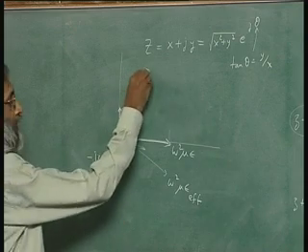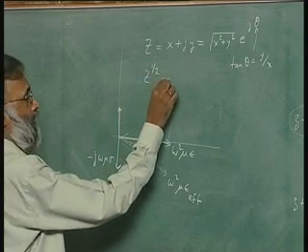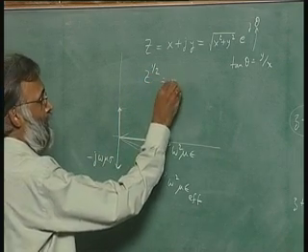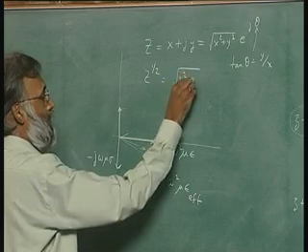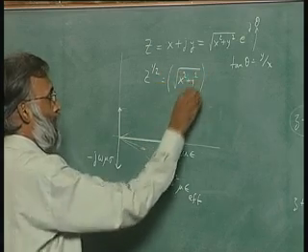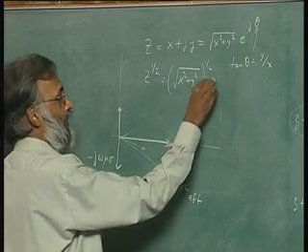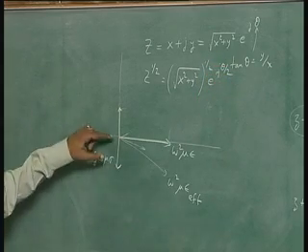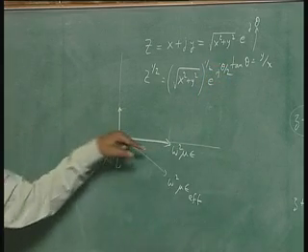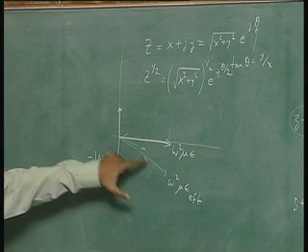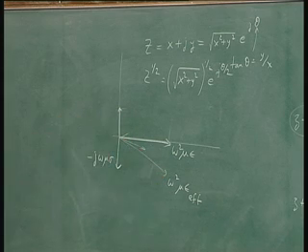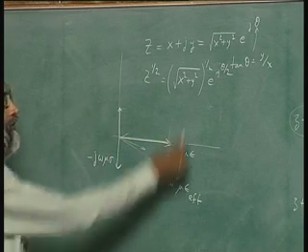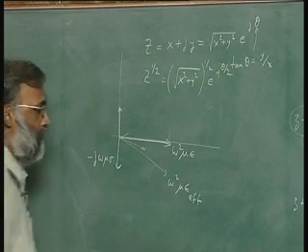So, then z to the power of half is nothing but square root of x squared plus y squared to the power of half e to the j theta over 2. So, that is why I said the square root of this complex number bisects this angle. So, theta becomes theta over 2.